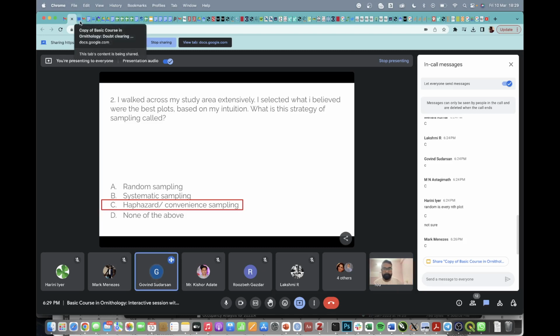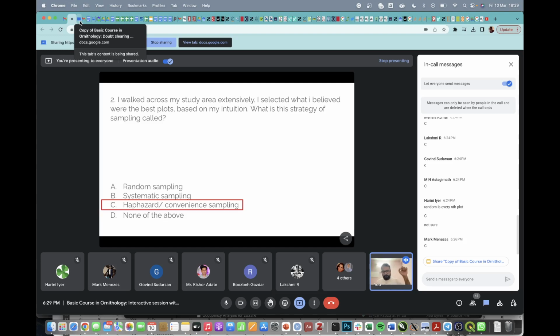Sir, the example you gave for systematic sampling doesn't seem too different from the previous question. I kind of got confused. The previous question is what the second diagram was, where you have gridded the entire region into a particular grid cell size.